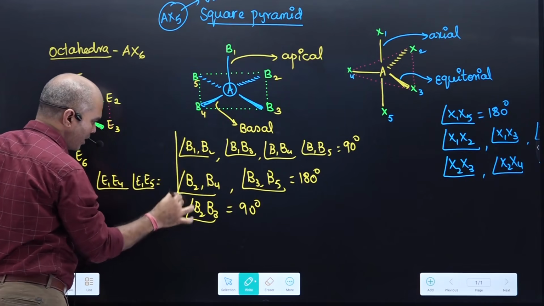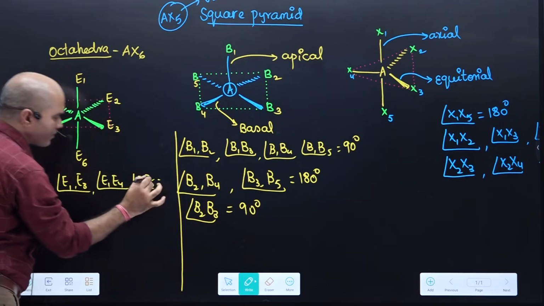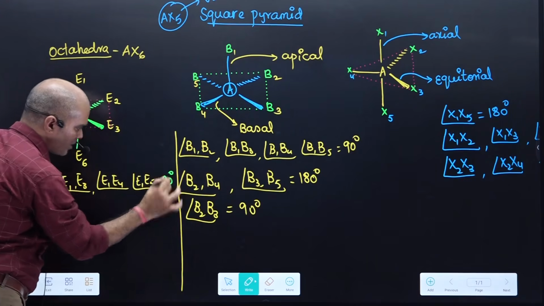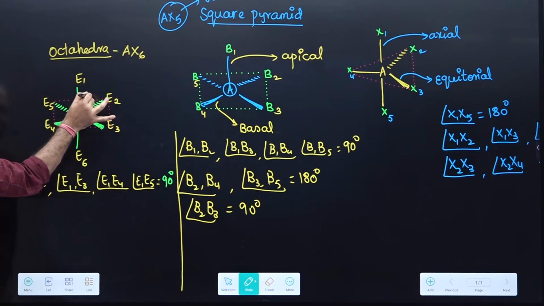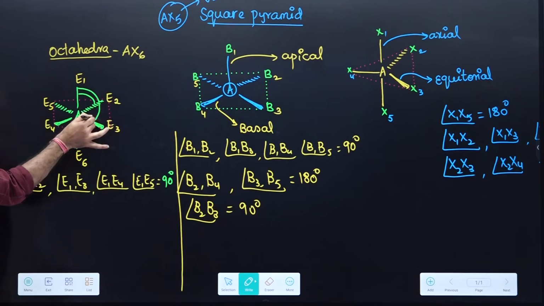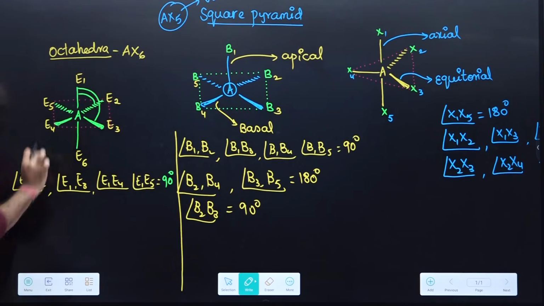How much is the bond angle? 90 degree. On board it looks different, please check. On board most of you get confused. E1, E2 looks close, but E1, E3 looks far on board, but distance is same. 3-dimensionally distance is same. E1 to E2, E1 to E3 distance is same. It is 90 degree only.